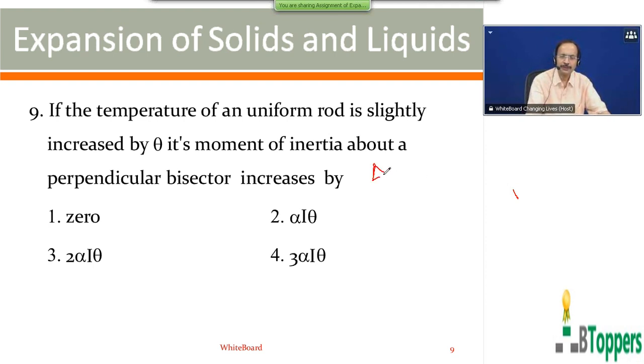As I told you, the fractional change in the moment of inertia is the same as the fractional change in the area, or 2 times the fractional change in length, 2 alpha delta t. So delta I you can write as 2 alpha into I into delta t. Delta t is denoted by theta.